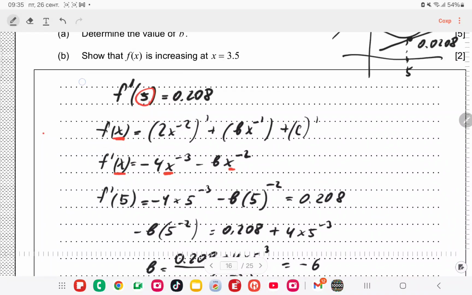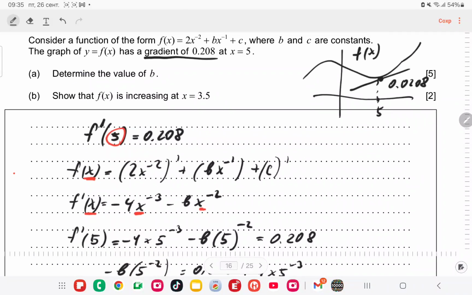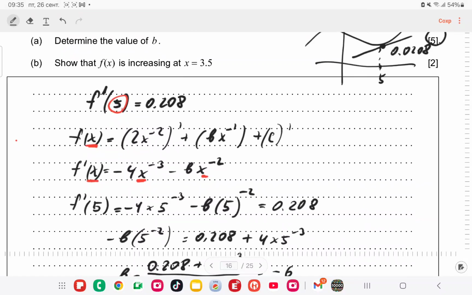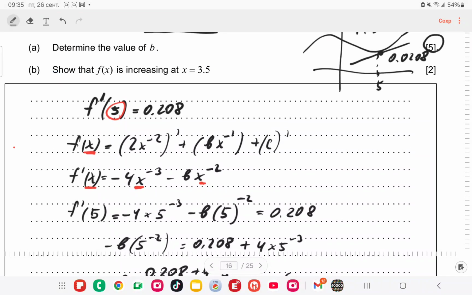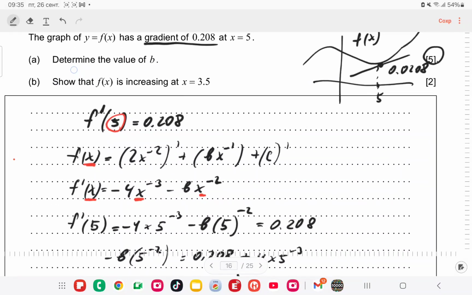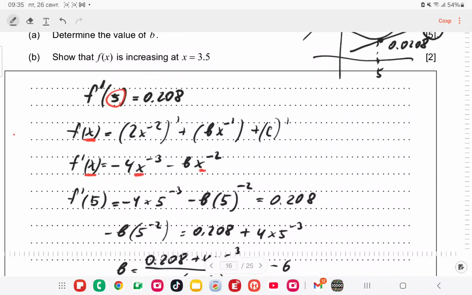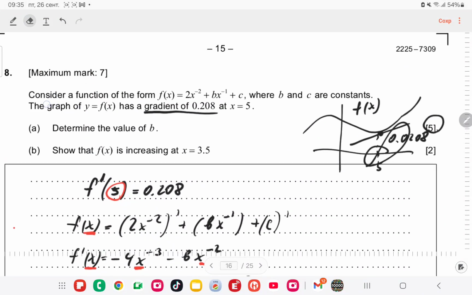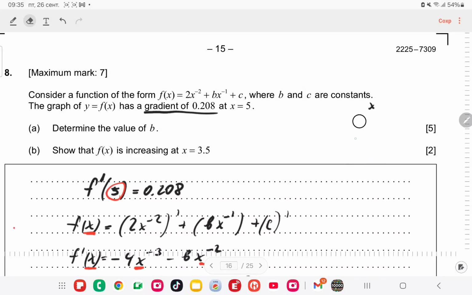Okay, we found b. So our 5 marks are done. Now part B: show that f(x) is increasing at x equals 3.5. So what to do? Conceptually, we have the picture of the graph. Let me use another graph.